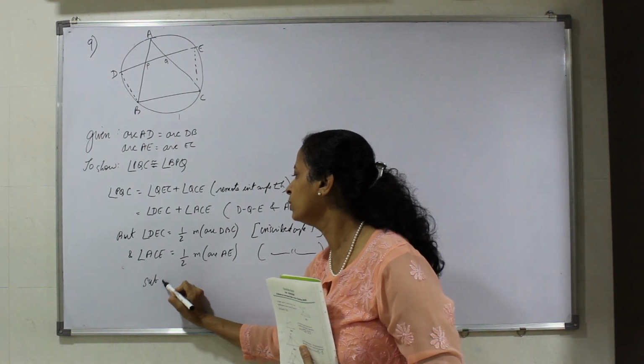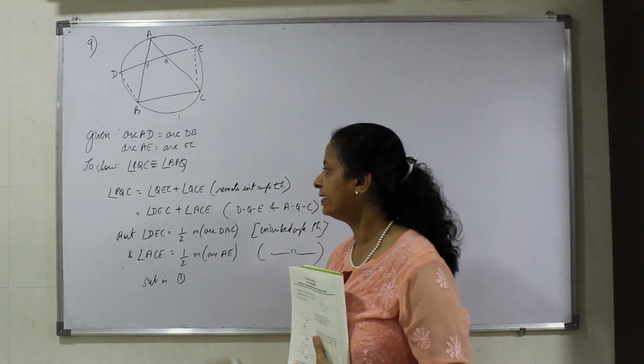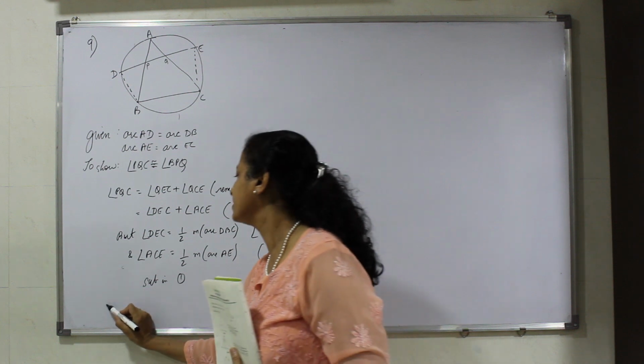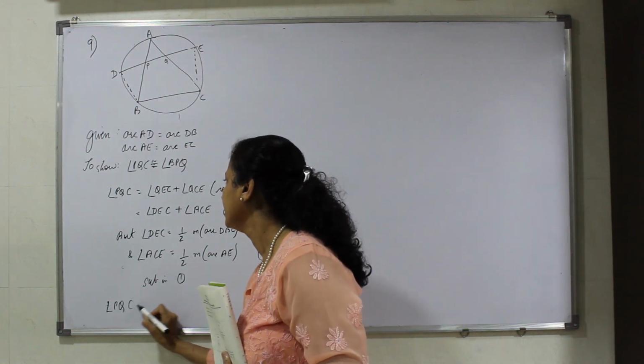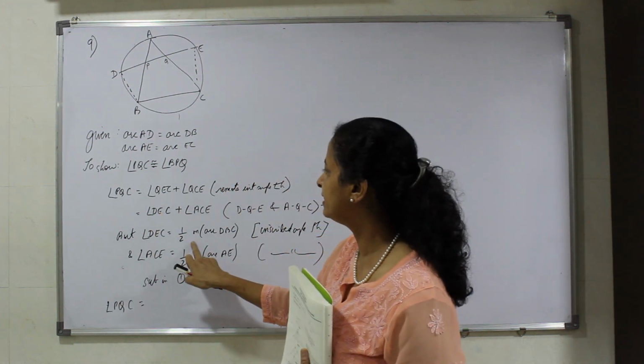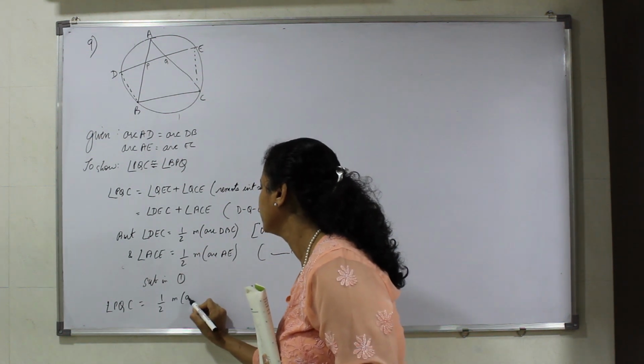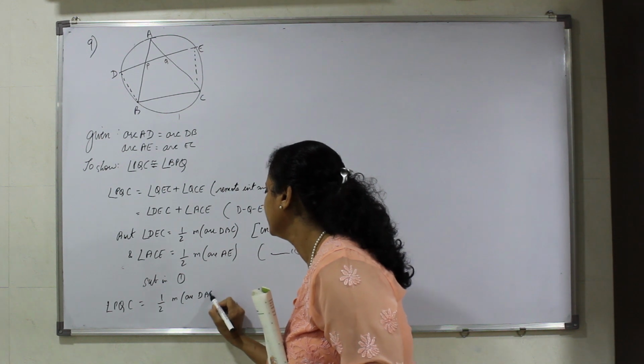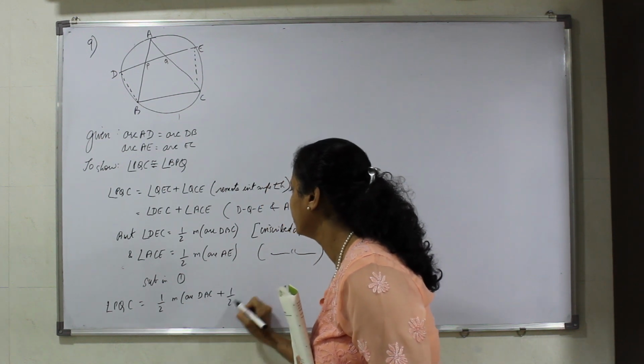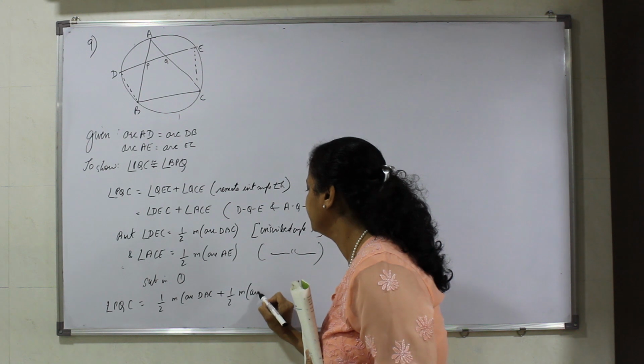So substituting in 1, starting with the 1, the 1 says PQC is equal to, instead of the DEC I have half the measure of arc DBC plus half the measure of arc AE.